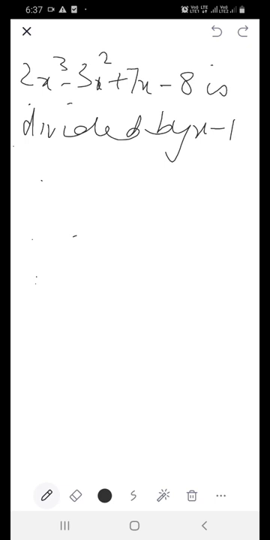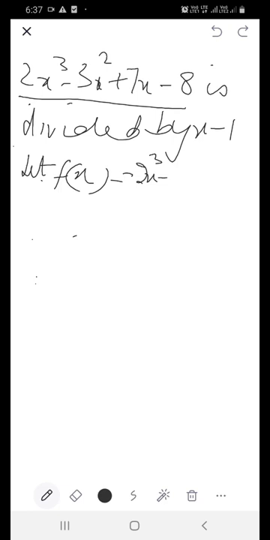Whatever algebraic expression is given to you, which is a polynomial, you first give a name to it. Normally we use a small letter, f, g or p. So let f(x) equal 2x cube minus 3x square plus 7x minus 8.